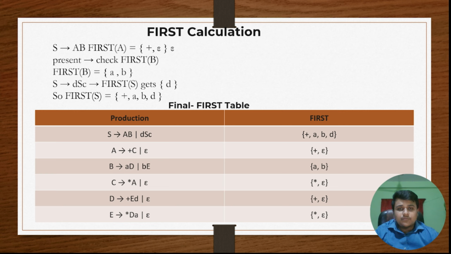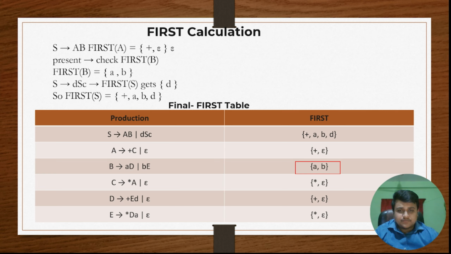Now let us move to the next non-terminal B. First of B: the productions are B derives aD or B derives BE. The first production begins with terminal a. The second production begins with B. So the possible first terminals are a and b.